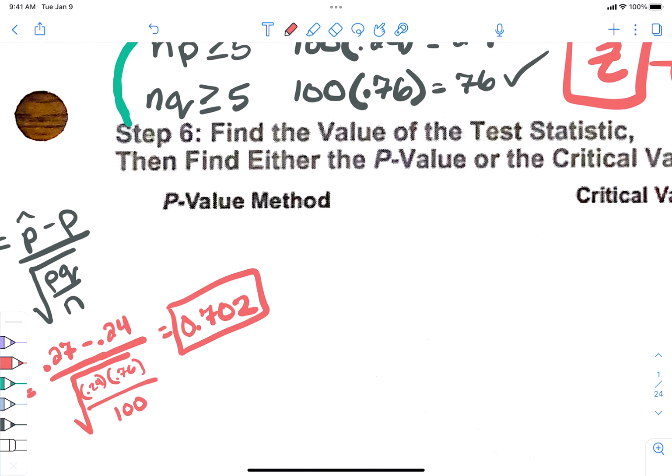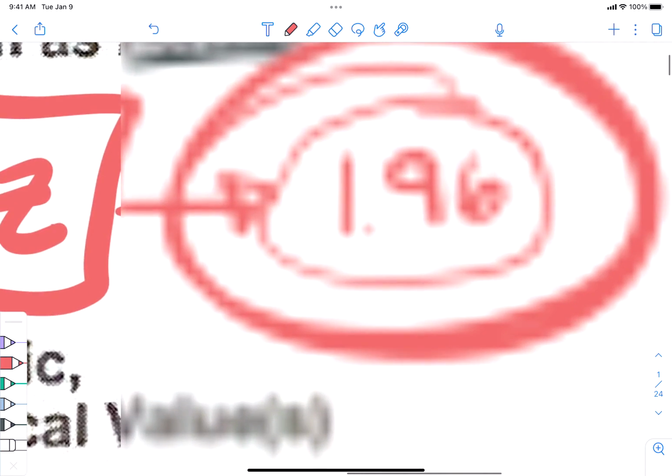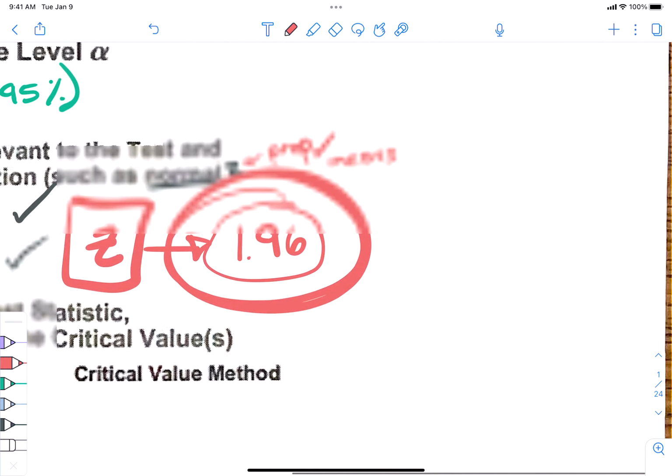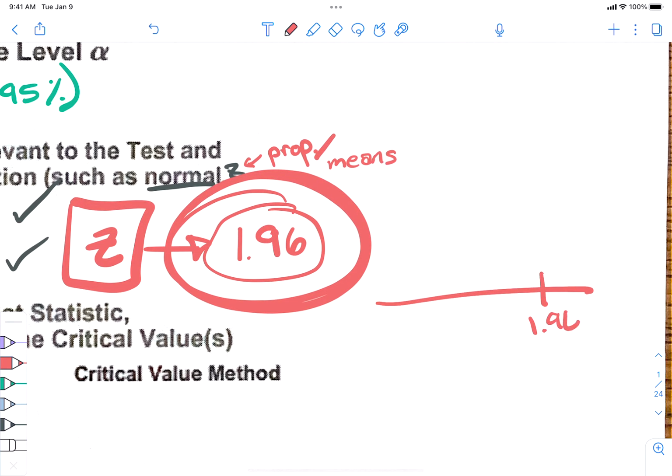I'm going to tell you one more thing about our conclusion. This number right here that was our Z, 1.96, is the cutoff for extreme values. Remember, a Z score is how many standard deviations you are above the mean. If you are higher than 1.96, you are considered an extreme value. Like here's my 0, and my negative 1.96 would be here.